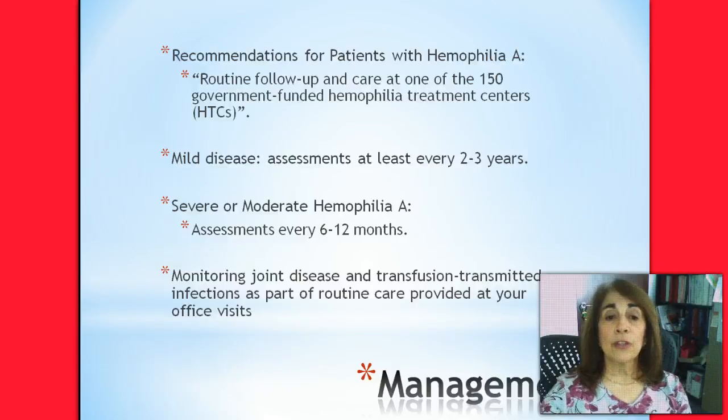If they have severe or moderate hemophilia A, the recommendation is that these patients are seen at these specialized centers every 6 to 12 months. You will be involved in monitoring the progression or the appearance of any joint disease and transfusion-transmitted infections. So again, being familiar with the recommendations for management of these patients will be necessary.